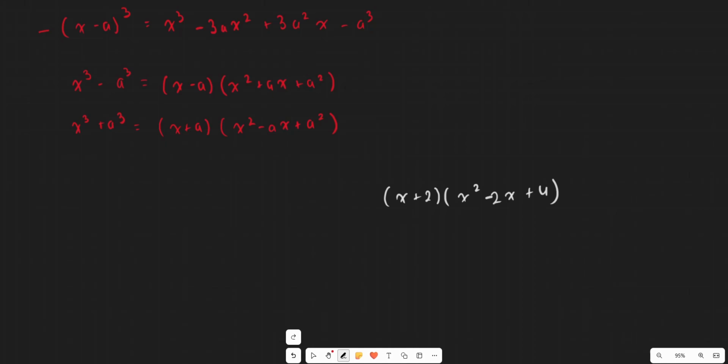So we can probably tell that it should equal that, but let's just multiply and double check. We have to multiply the x by this entire polynomial, and then multiply the 2 times this entire polynomial. So x times the entire polynomial plus 2 times that entire polynomial.